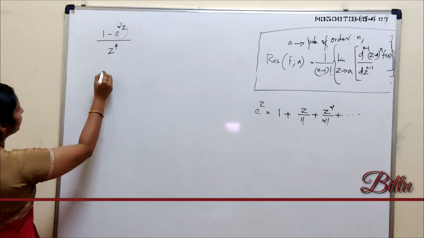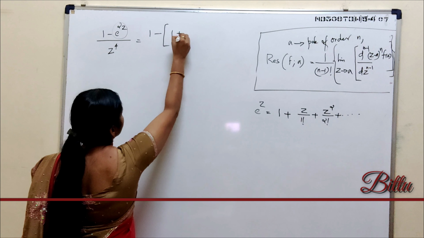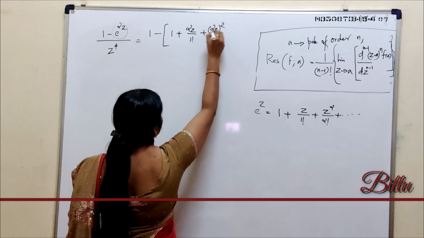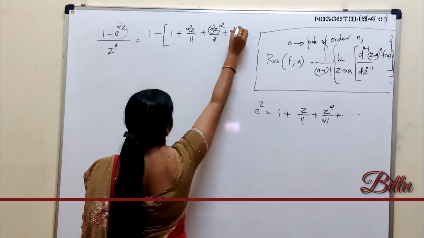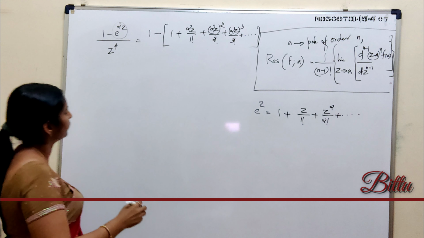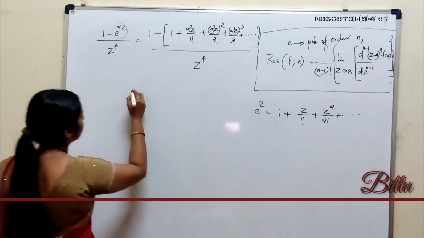That is, 1 minus (1 plus 2z by 1 factorial plus (2z) square by 2 factorial plus (2z) the whole cube by 3 factorial plus etc.), whole divided by z raised to 4.